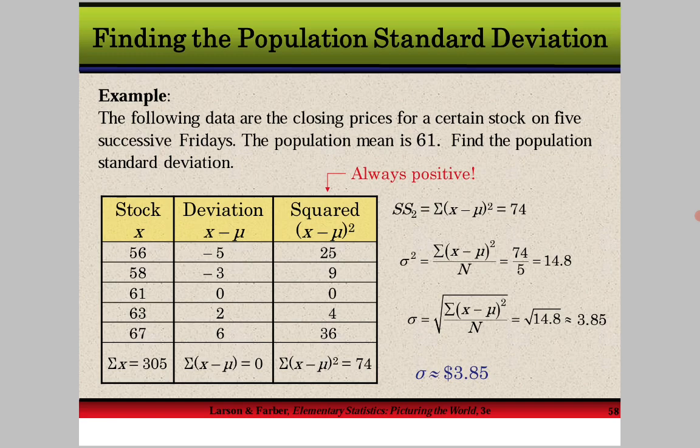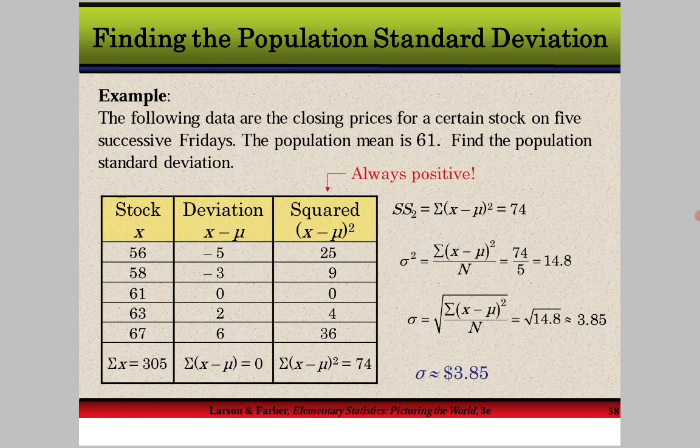Next, what is the formula to find the standard deviation? First the variance: sigma square is equal to sigma (x minus mu) whole square by capital N, that is 74 by 5, where capital N is the number of data items taken. So that is 14.8.